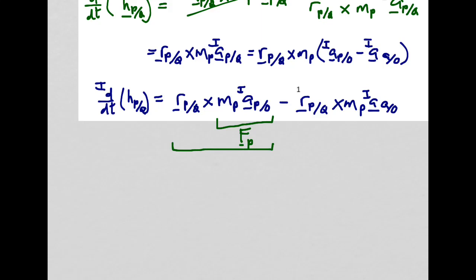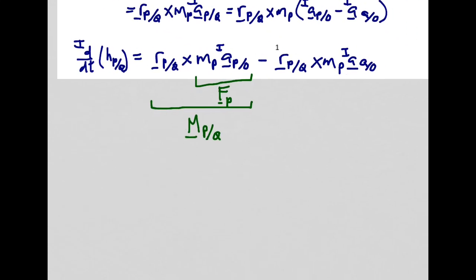And so our final expression here contains this r cross F, and so this is now the moment of P with respect to Q, not P with respect to O as we did before, but P with respect to Q, because it's the moment of the force about the point Q, being any arbitrary point.